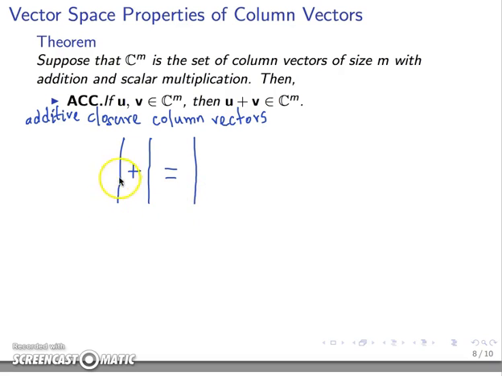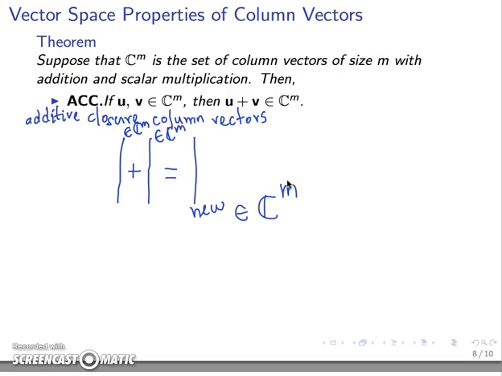Well, it turns out that each of them, this is a member of CM, that means it has M entries. This is also a member of CM, and then the new vector, the addition of the two, is also a member of CM. So that idea of the length, the number of entries, is being preserved under this operation.